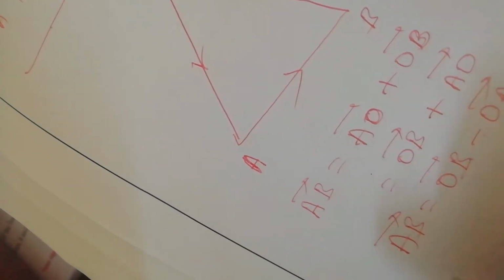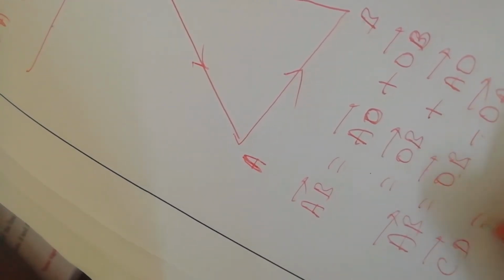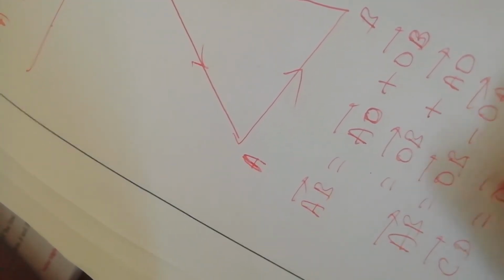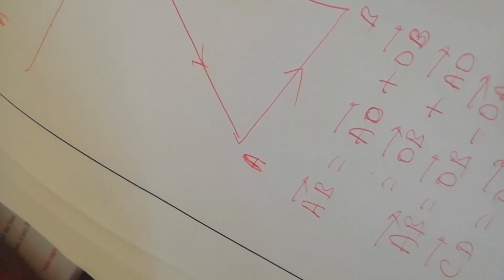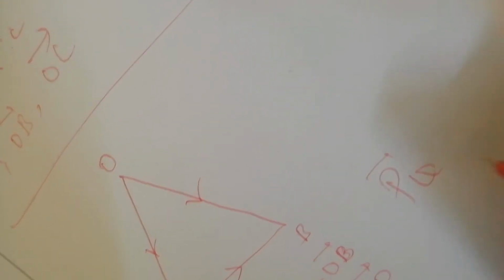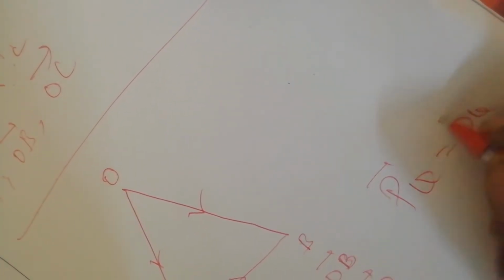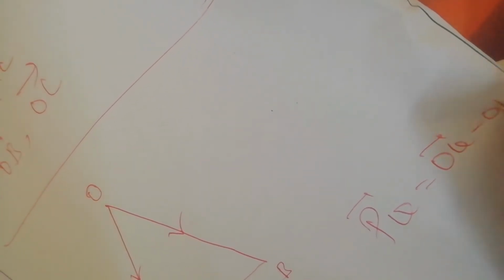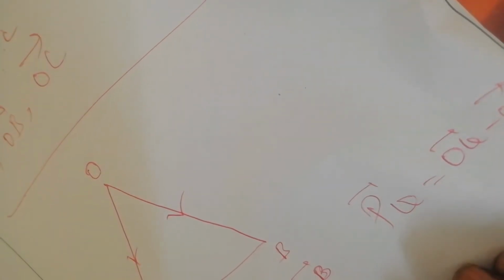Similarly, what is the CD vector? OD vector minus OC vector. What is the PQ vector? OQ vector minus OP vector.